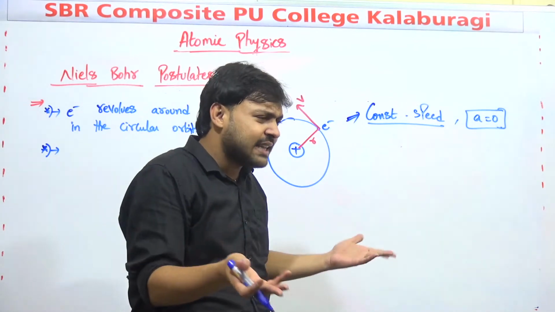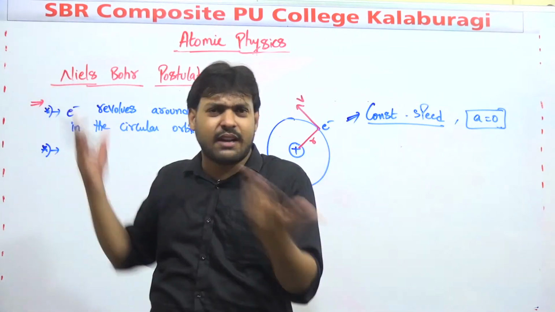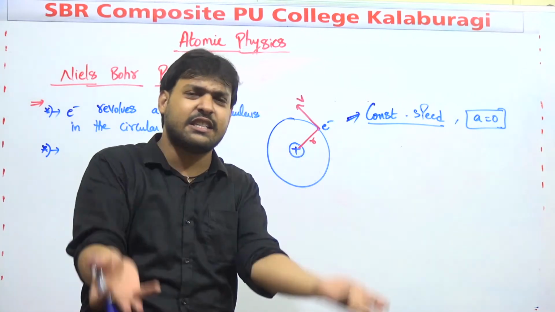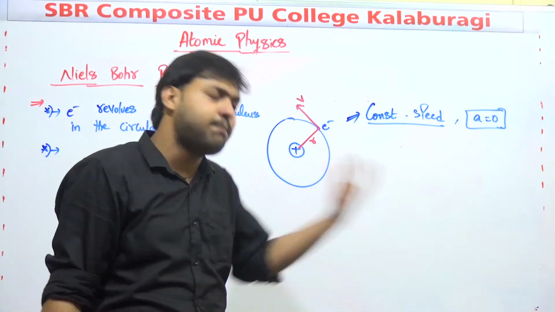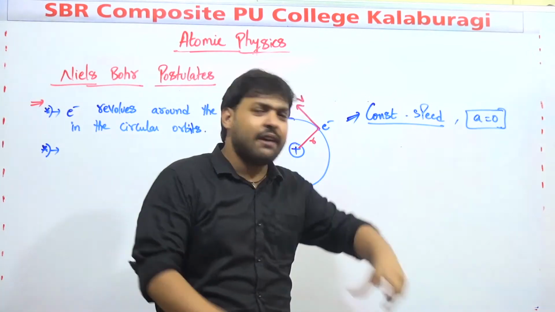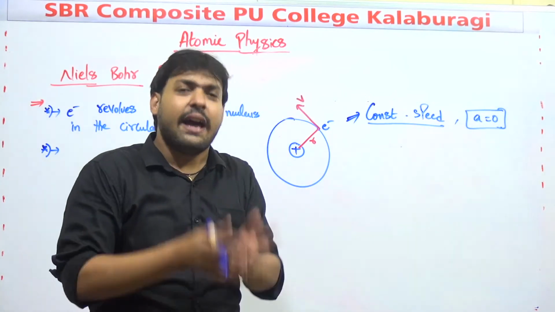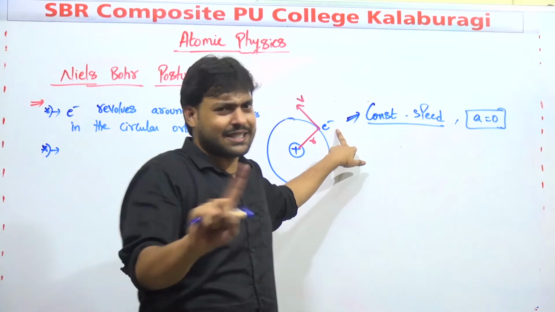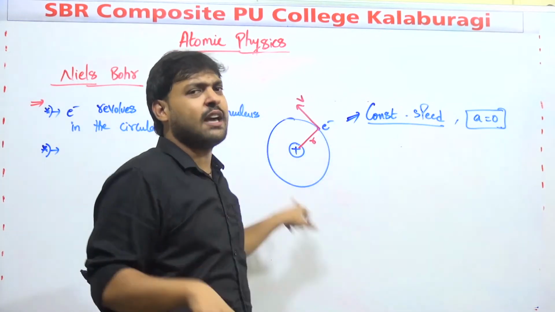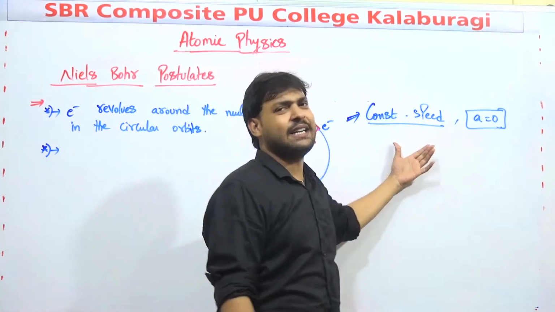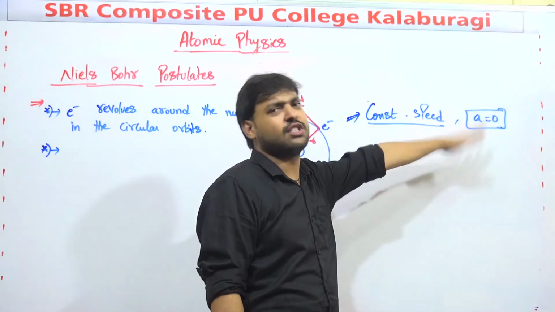If it accelerates, Maxwell asked the question that it should lose energy. That is not happening. But Bohr gave a theory that the electron is not accelerating. The electron is revolving around the nucleus with a constant speed where acceleration equals zero.